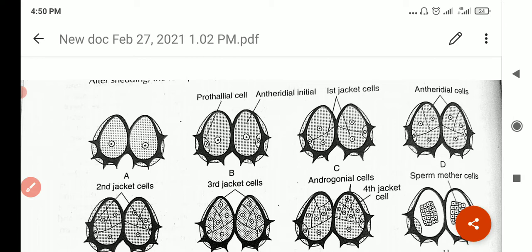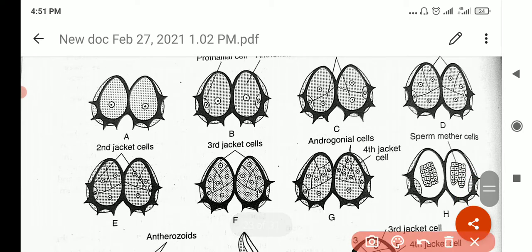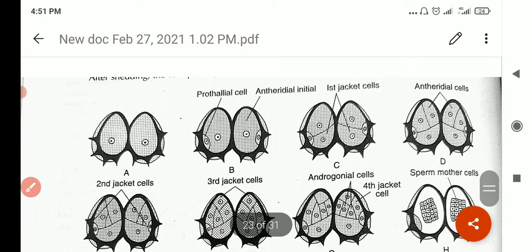Then the antheridial cell will divide again and we will get the first jacket cells. Then again, they divide anticlinally and we will get the antheridial cells.